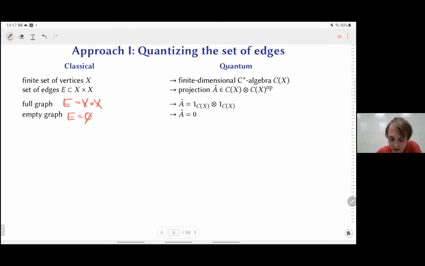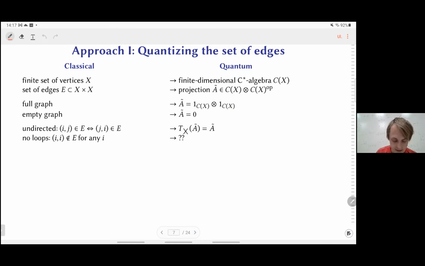And of course, the corresponding projection, very naturally, for the full graph is the projection on the whole C-star algebra, so just the identity. And for the empty graph, you take the zero projection. Okay, so this is clear, yes. And then you have some additional notions for graphs.